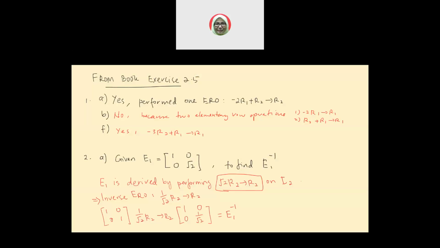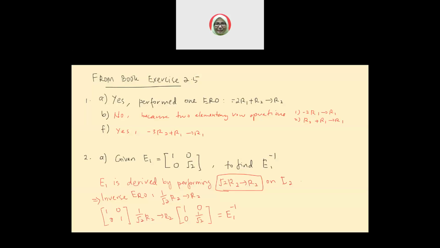Turn to page 84, exercise 2.5. Question number 1, determine whether the matrix is elementary.